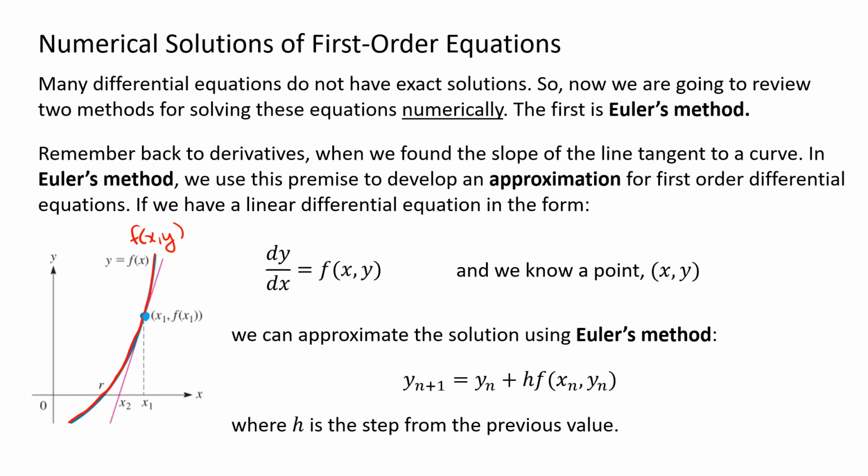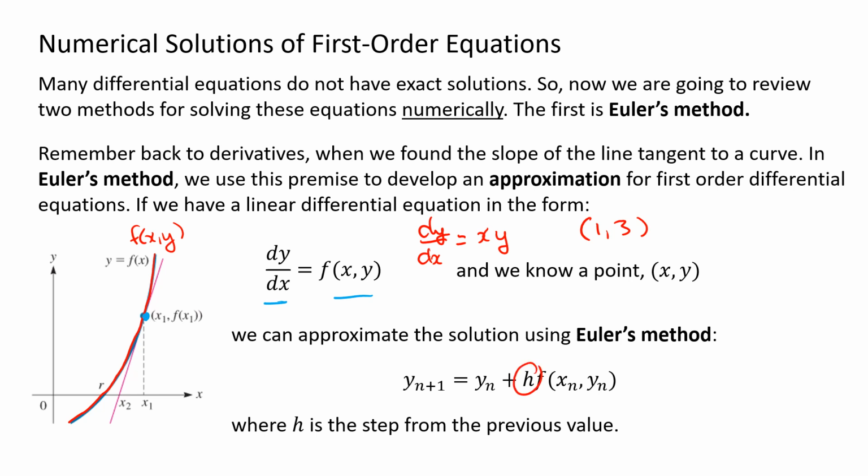What we're going to do is use that principle in Euler's method. If we have a differential equation, dy by dx equal to some function of x and y, for example dy by dx is equal to xy, and we know a point on this curve, like 1 and 3, we can use Euler's method with a step value.